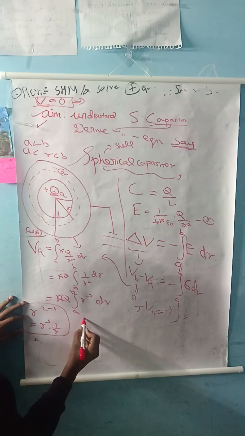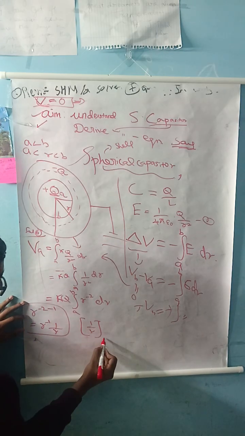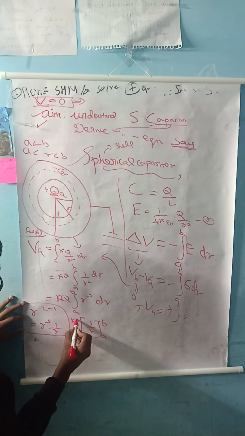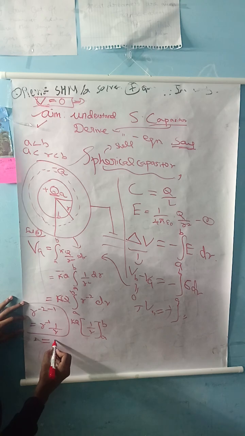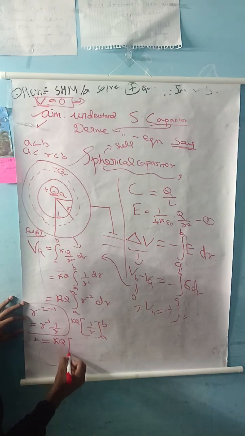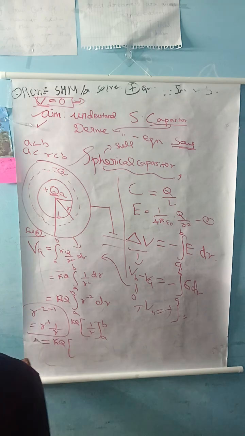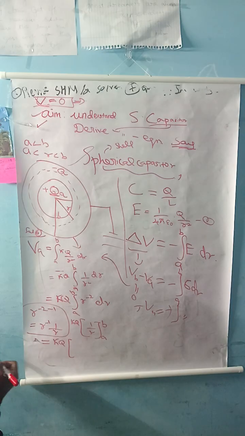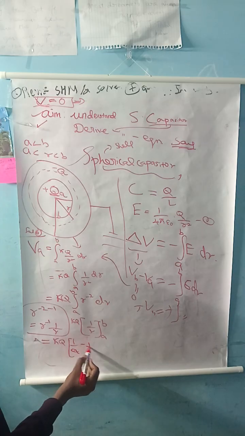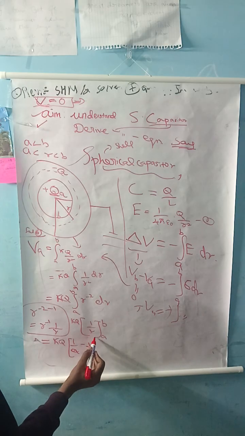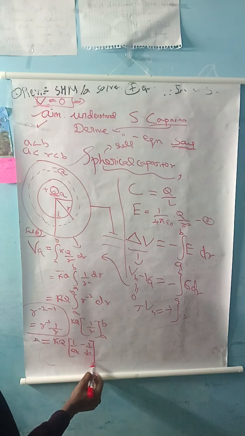The limits are a to b, with kq. Now let's apply the limits: upper limit minus lower limit, so 1 by a minus 1 by b.